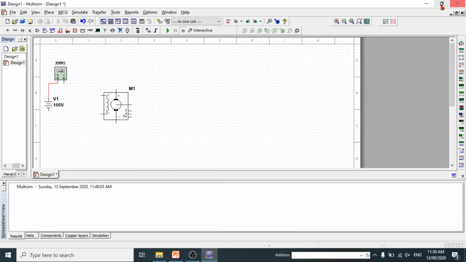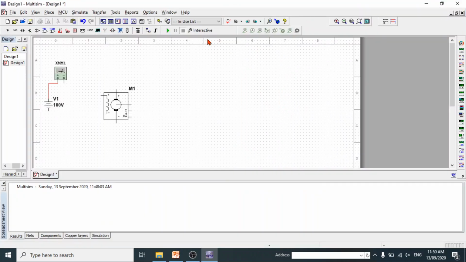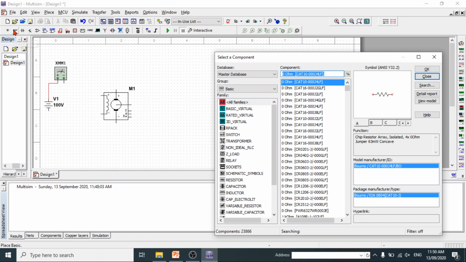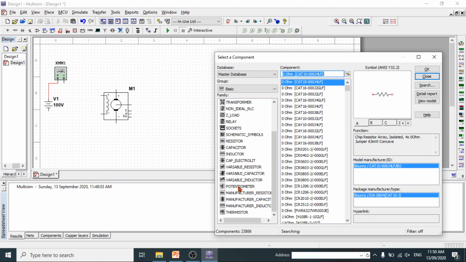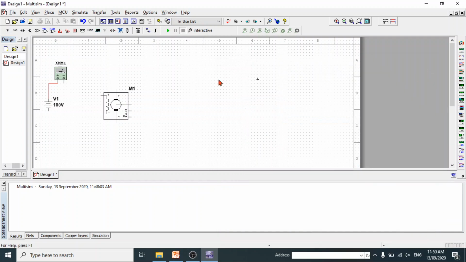Then the field winding is connected in series with the potentiometer. We can get the potentiometer in the place basic button, then click potentiometer, then click OK.